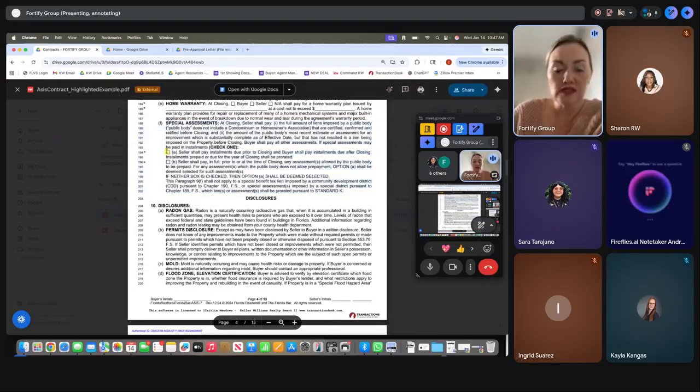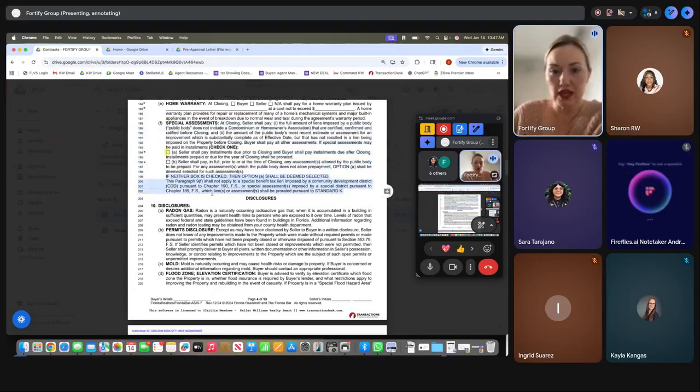So what's standard and what the contract defaults to, if you forget to check it, is basically the seller's responsible for it up until closing day, then the buyer becomes responsible for it. Now, if the seller's aware of it, they're legally required to make you aware of it.